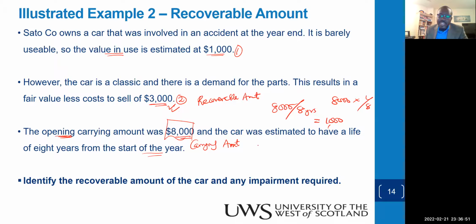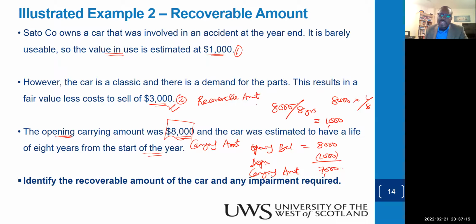At the beginning, the opening balance would be my 8,000, and then less my depreciation of 1,000. This gives me my book value or the carrying amount at the end of the year, which is 7,000.